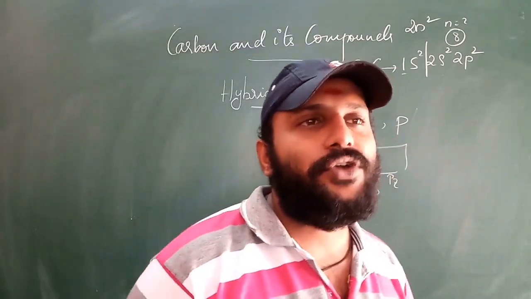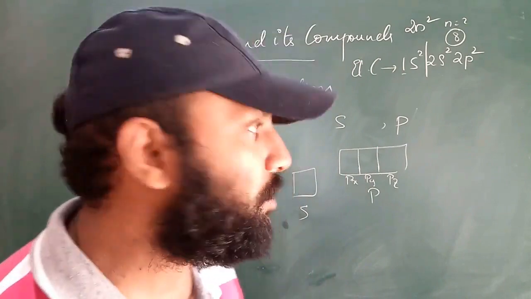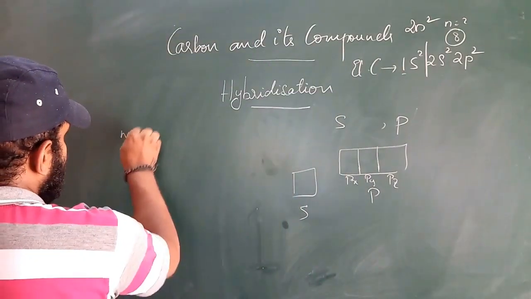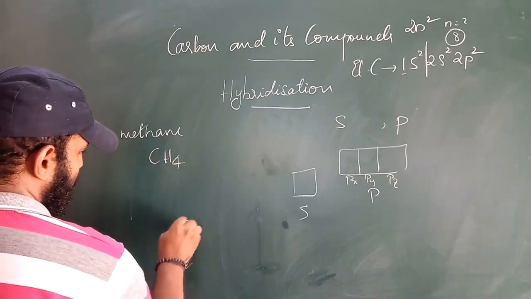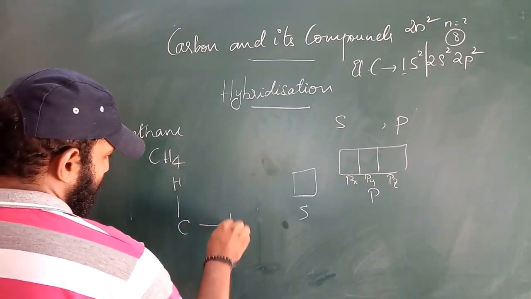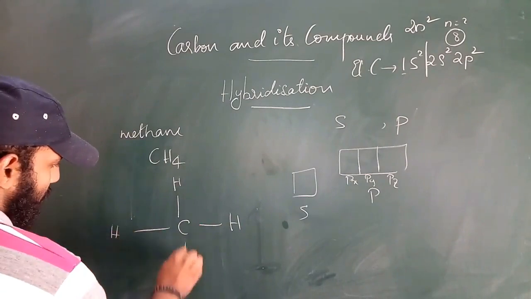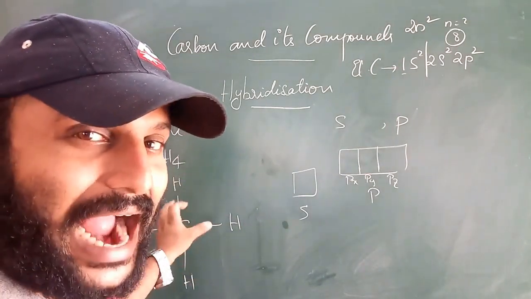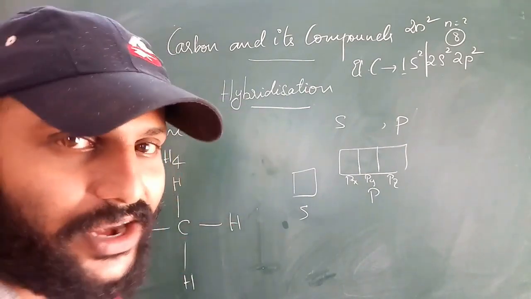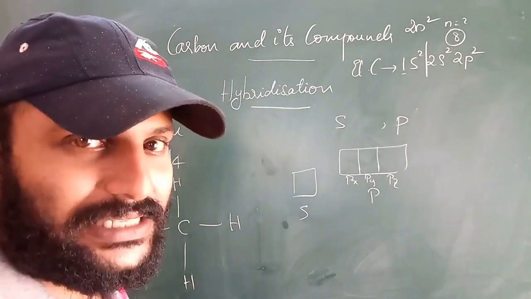So if you observe the bonding, if you take methane, it is CH4. If you draw the structure, H, H, H and H. Here carbon is making identical bonding with the hydrogen atoms, the same type of bonding.